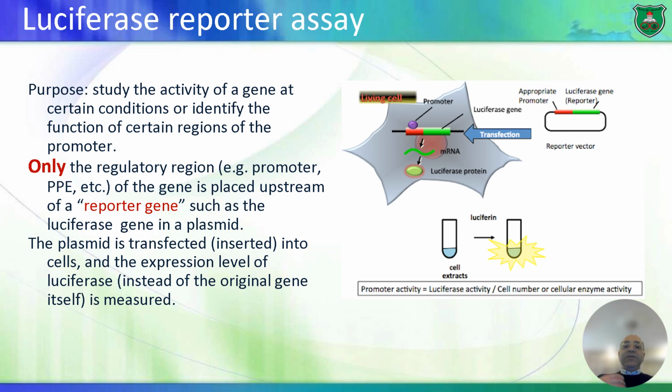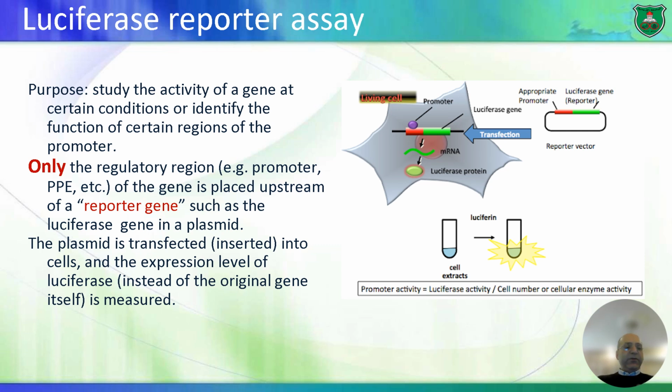Now, the stronger the signal, the stronger the light, the more the gene is expressed, or let me say, the higher the activity of the promoter is, the more the gene is expressed. The more luciferase is in the cell, the more light is going to be produced. Okay, so that's the idea.